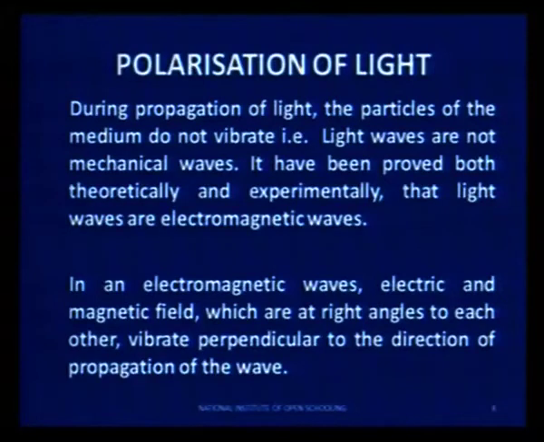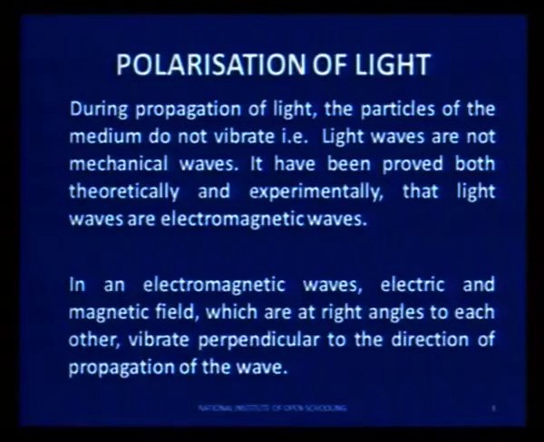So, how can we understand the nature of light? To understand the nature of light, we must know that light is an electromagnetic wave, it is transverse in nature, and to get a feeling that it is transverse, we should understand the phenomenon of polarization.